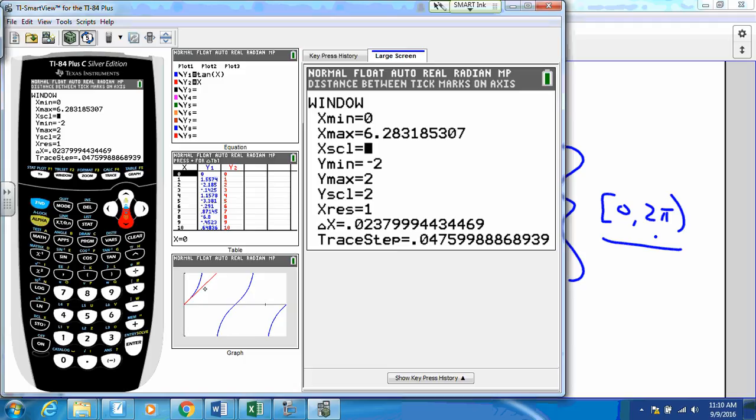Looking at the graph right here, I can see that my y window size doesn't show me all the intersection points. So I'm going to expand my y window size to be negative 10 to 10 to see if I can capture all the intersection points that way.